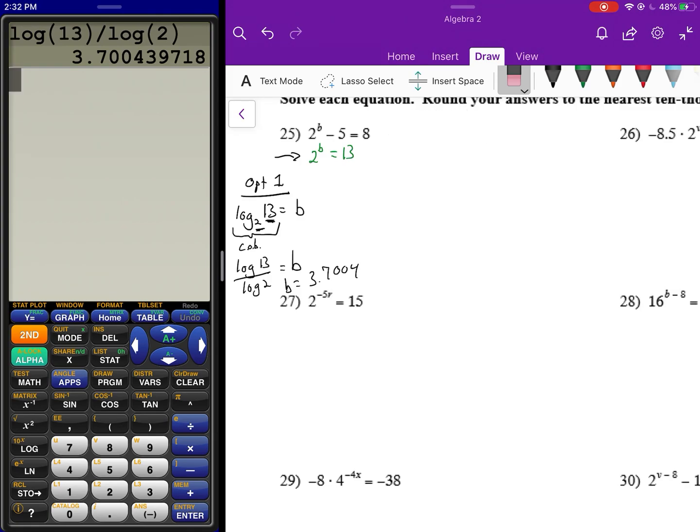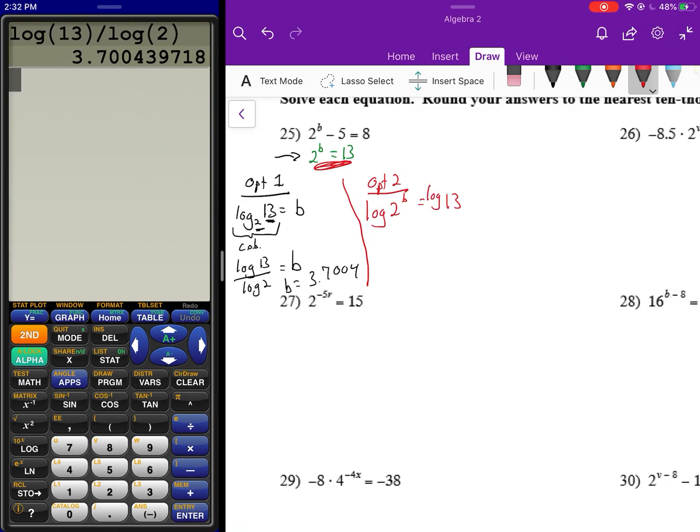So we'll erase, and then we'll do option 2 here, and you guys can choose which you prefer. Option 2 is going to be the way that we have to solve other ones that are a little more complicated, but option 1 is a simpler way in this case. So option 2, we still isolated the exponential, but what we'll do now, so we have 2 to the b equals 13, we actually just take the log of both sides.